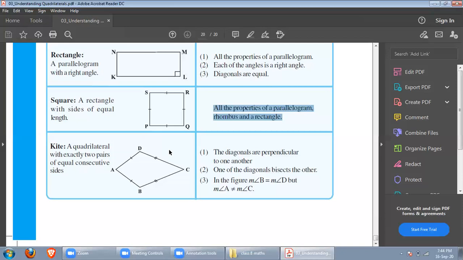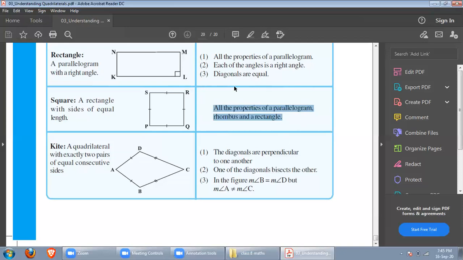There are other simple parallelograms. Again, not all quadrilaterals are parallelograms, but all parallelograms are quadrilaterals. So in the family of quadrilaterals, there are quadrilaterals which are parallelograms, and others which are not.